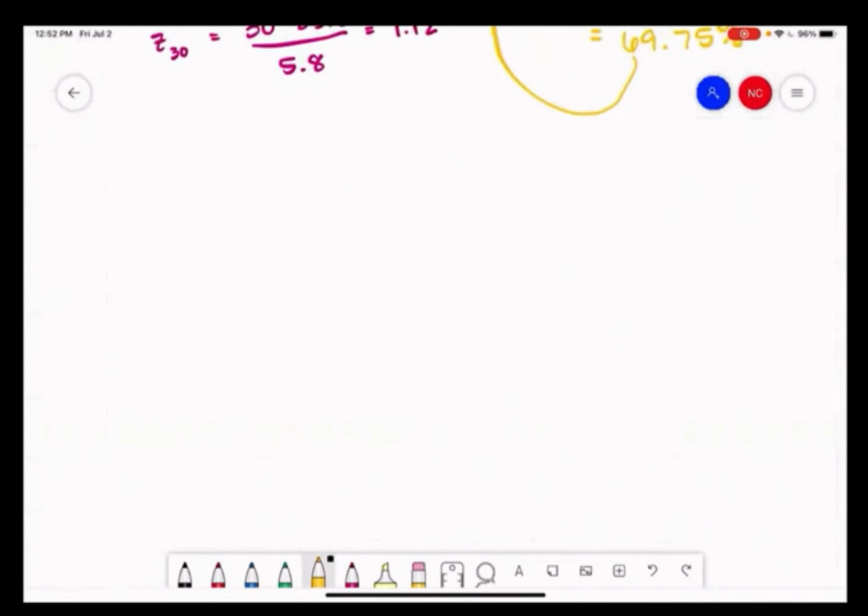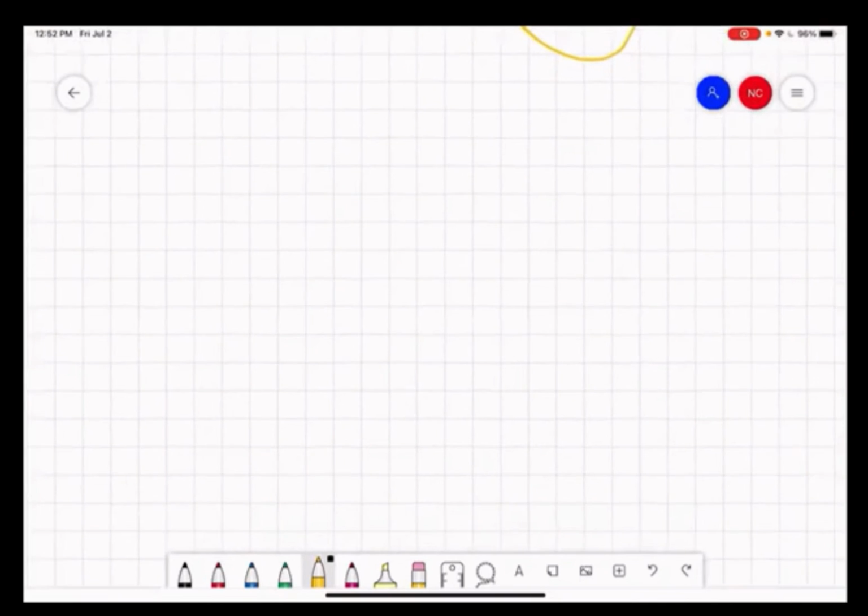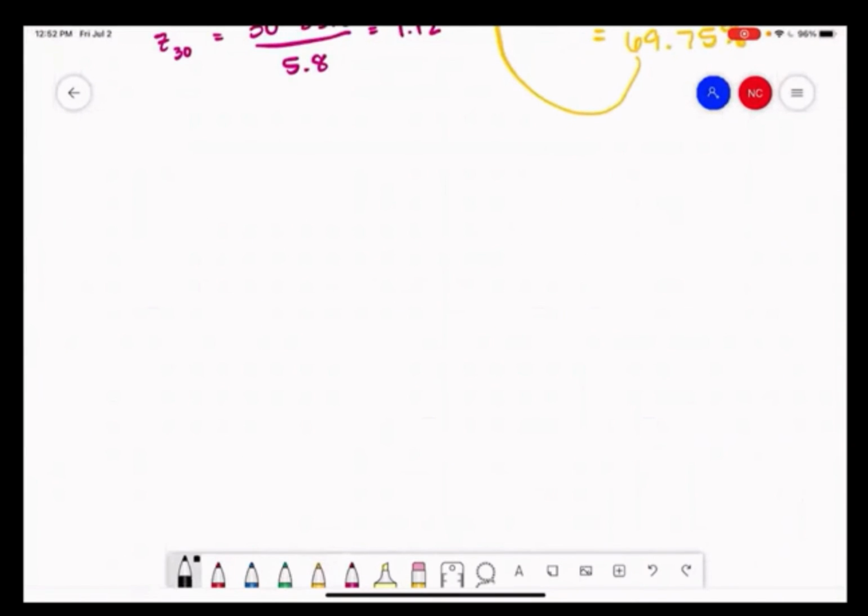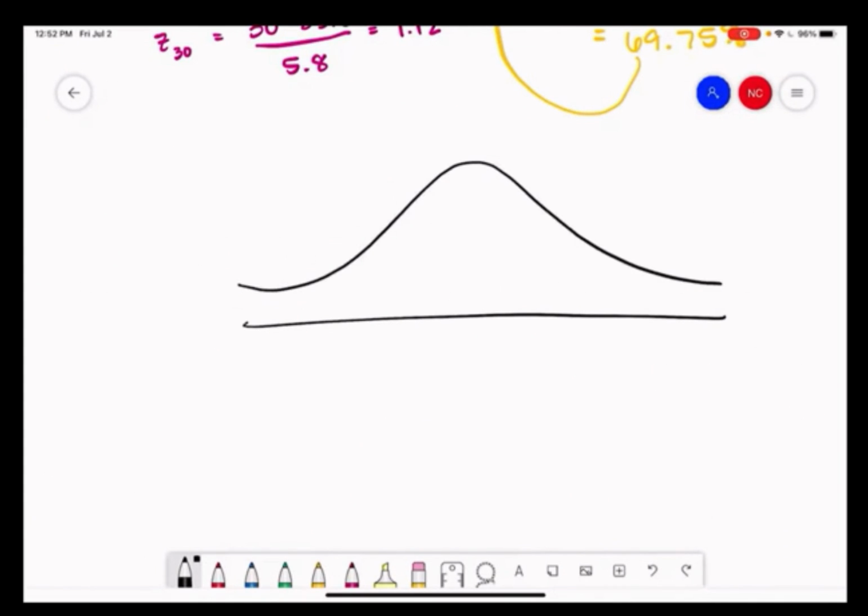So let's do one more example. Again, we'll have our distribution here. We label it accordingly.